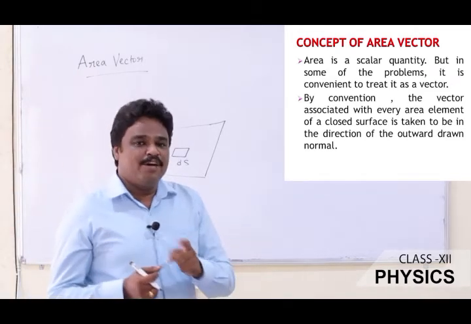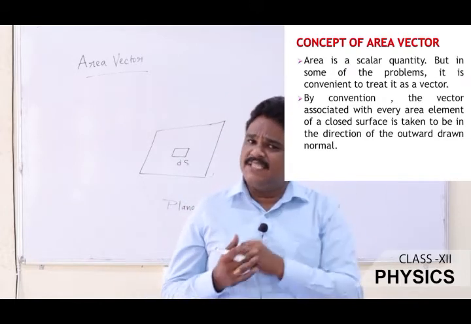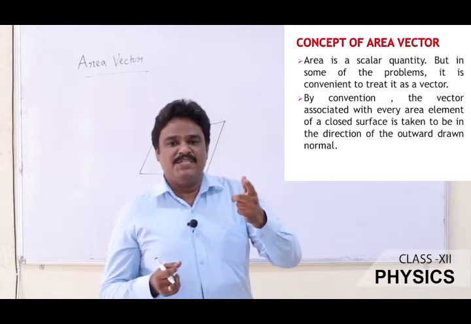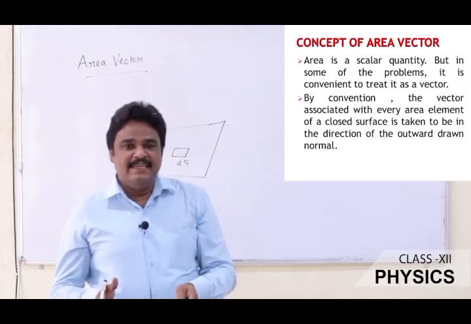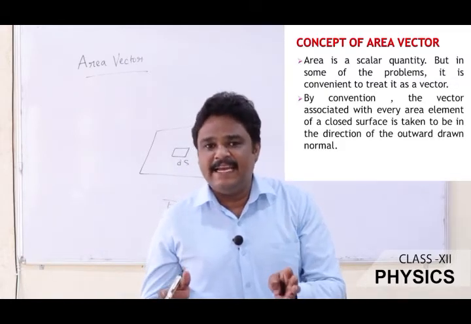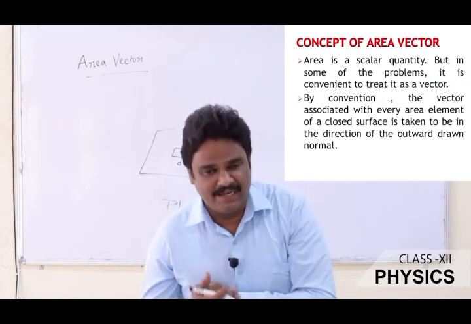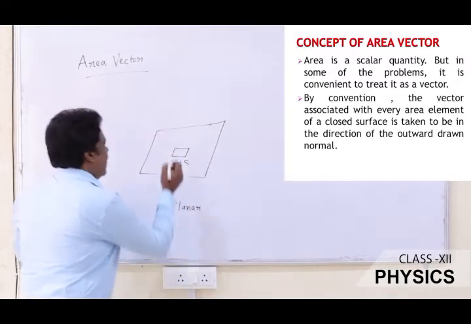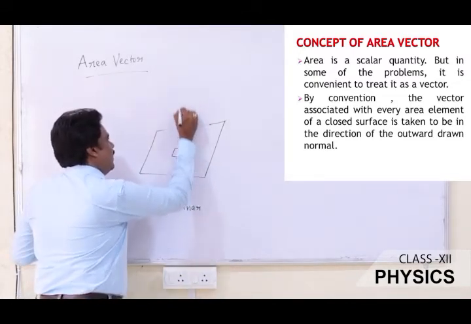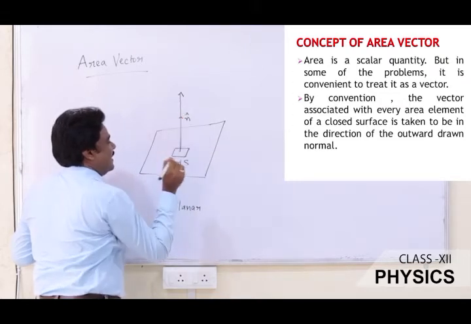Now you know normal can be drawn in two directions. It can be normal inwards, or it can be normal outwards. So by convention, if I am going to give direction to an area element for a closed surface, I will be drawing the outward normal like this. I am going to mark this unit vector as n cap.